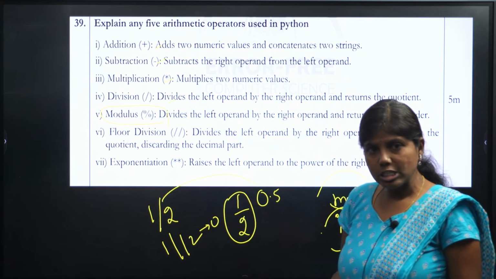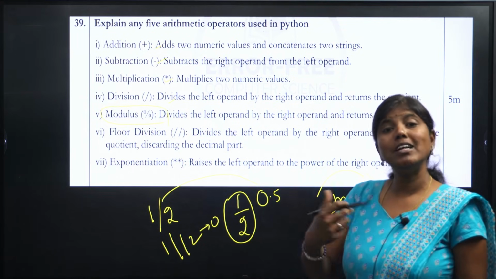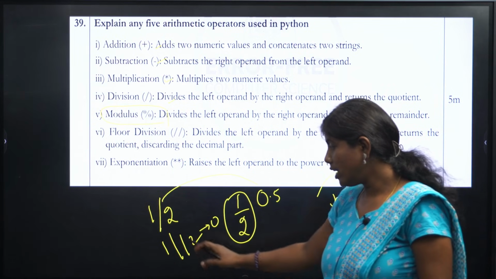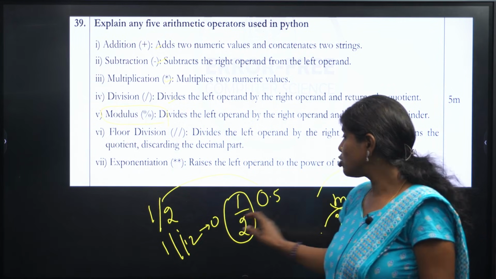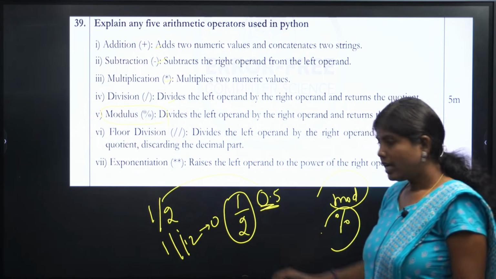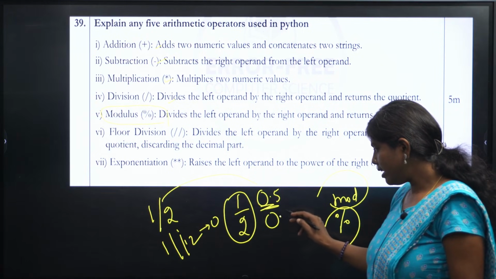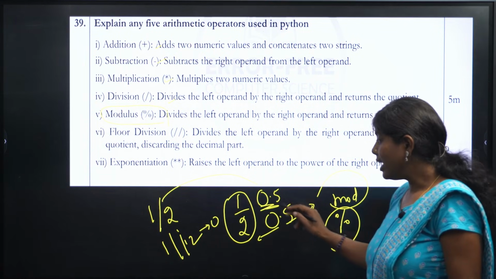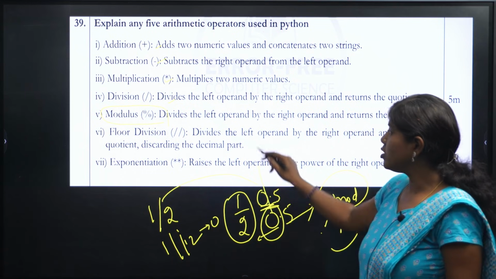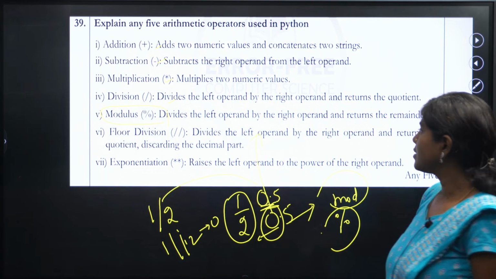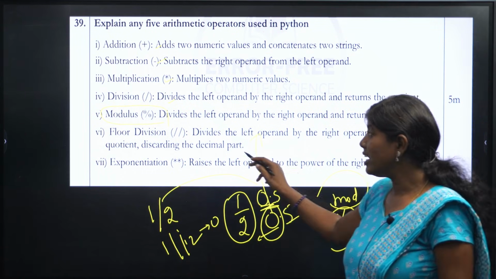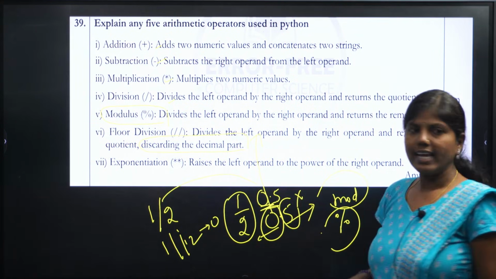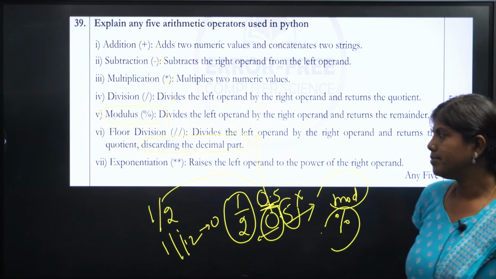In binary search, I just want to find the middle value of the list, and then we make use of floor division only. 0.5 means this is the integer part and this is the decimal part. So floor division just returns the integer part, discarding the decimal part. This part will be neglected, discarded.